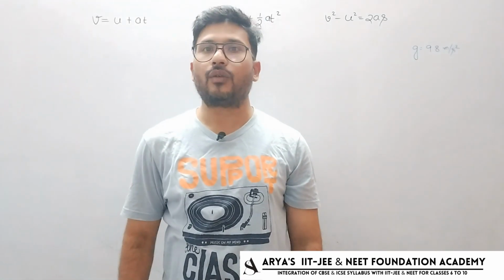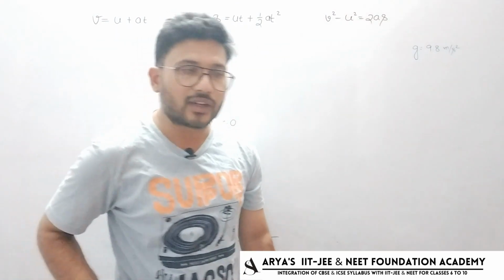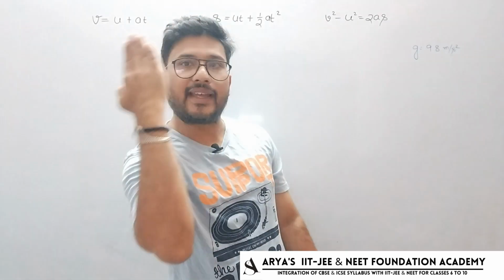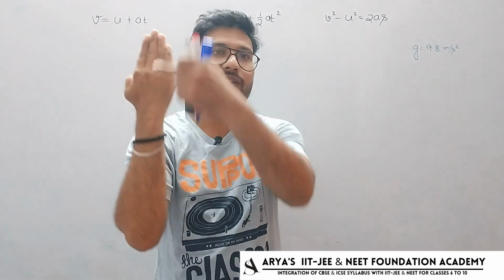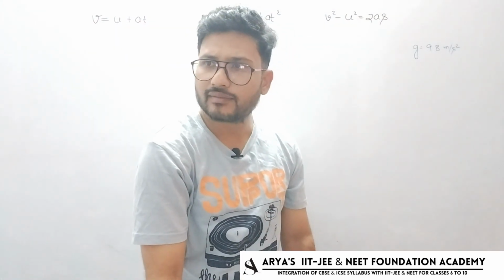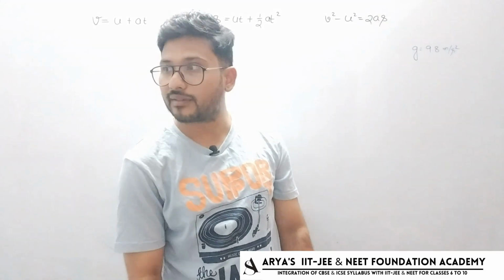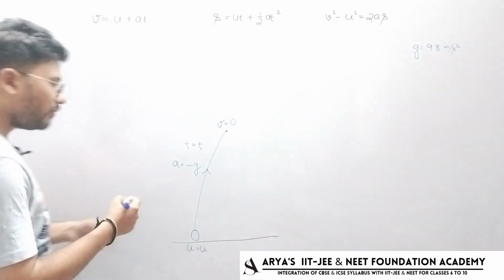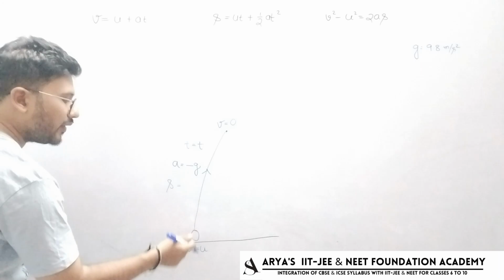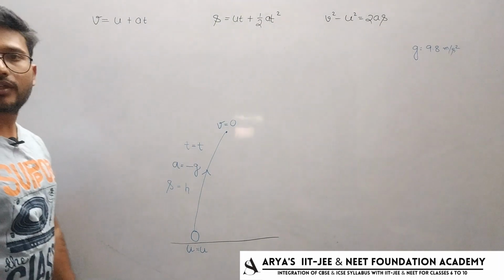But when I am standing, what can you take? Height. When it is on the x-axis, we take it as distance. When it is on the y-axis, you take it as height. When it is down, under the ground, depth. Now s value will be there, some distance value. So when the body is going up, we have to take it as h, height.